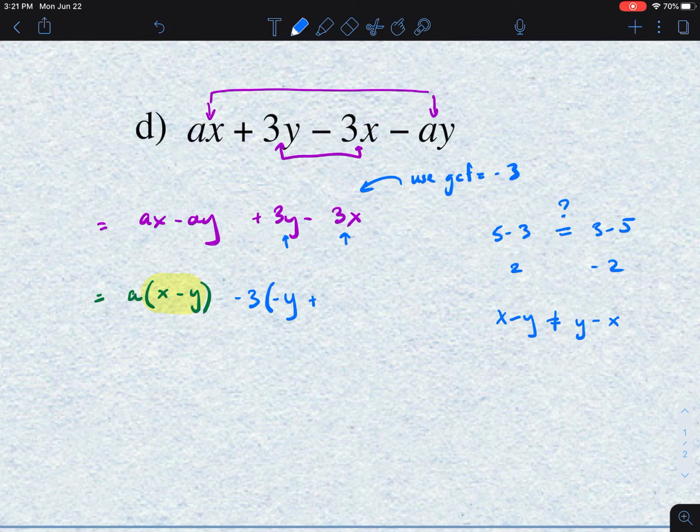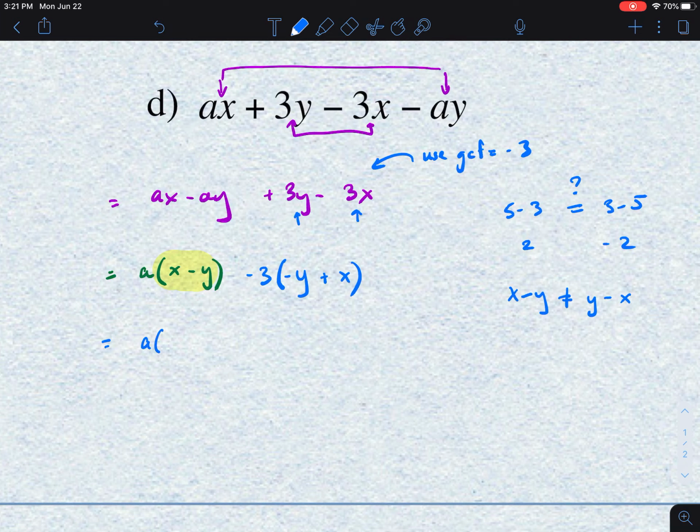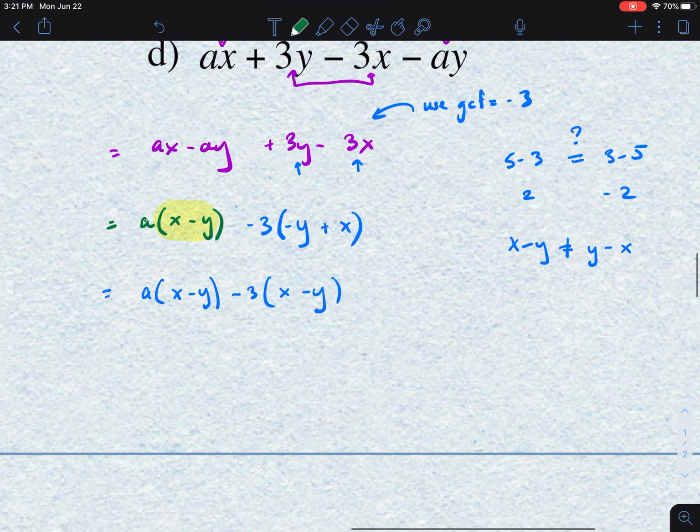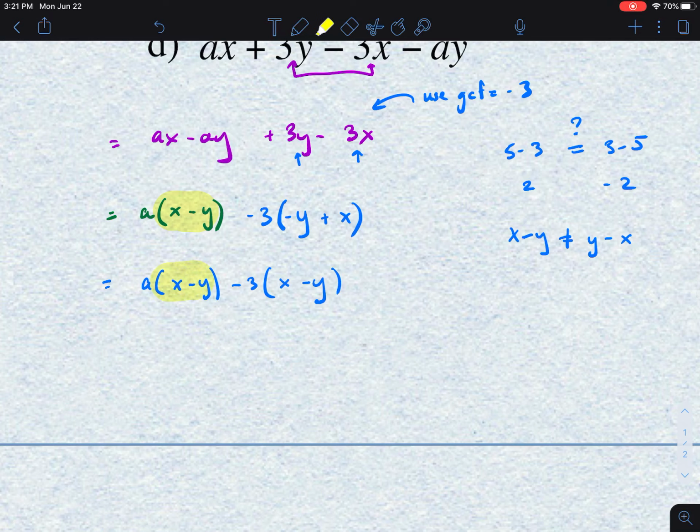And then I'm going to get a plus x over here, because negative 3 times positive x is negative 3x. In the next step, I just rewrite that as x minus y, because negative y plus x is x minus y. Now we have a common factor there and there, so we can take out x minus y, and then a minus 3 is our answer.